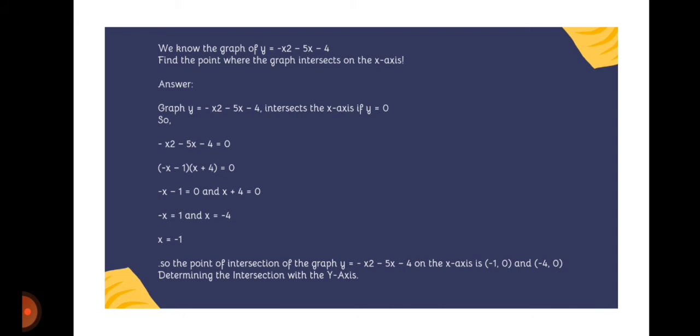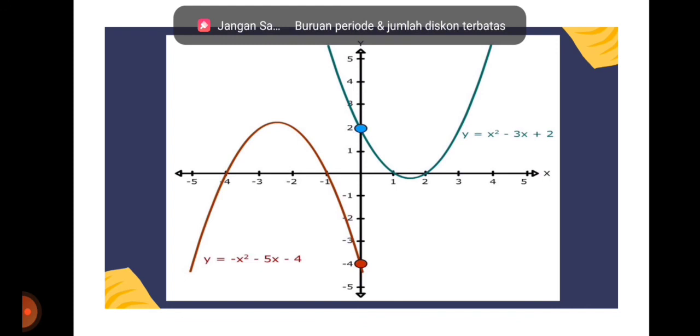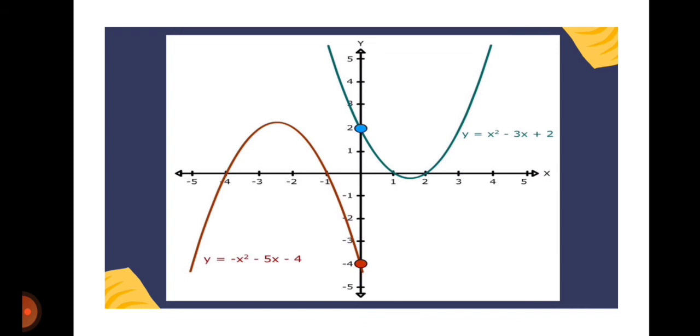Determining the intersection with the y-axis. Next, note the quadratic function y equals negative x squared minus 5x minus 4. The graph cuts the y-axis at -4, thus getting the point of the quadratic function y equals negative x squared minus 5x minus 4, colored red, with the y-axis at (0, -4).